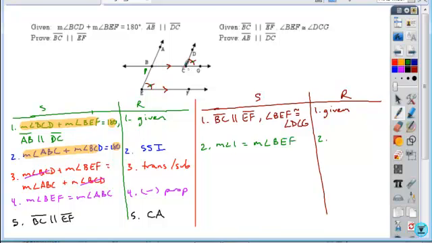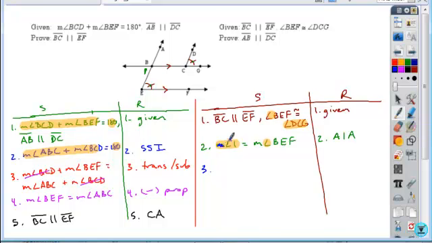And we know that because these lines are parallel. What type of angles are those? Alternate interior angles. So if lines are parallel, alternate interior angles are equal. We could then make the claim that we have two things that are equal to the same thing. Therefore, they're equal to each other.